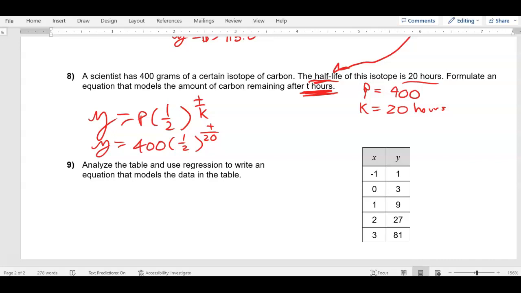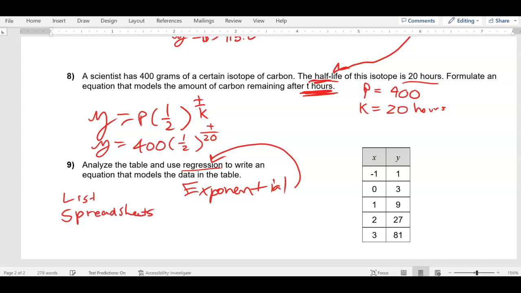That's our equation. Analyze the table and use the regression to write an equation that models the data. Now, this whole unit 9 is on exponential, right? And the one we learned recently is exponential regression. So remember, we go to lists and spreadsheets, which is number 4 when you do a new document, and then you type in X and Y at the top.